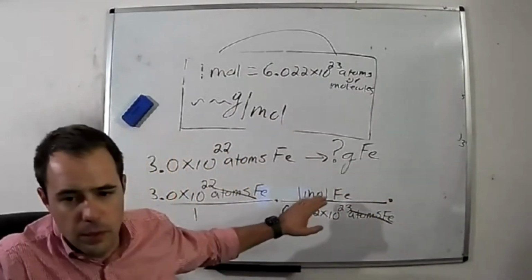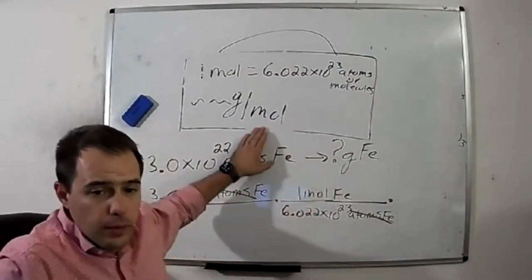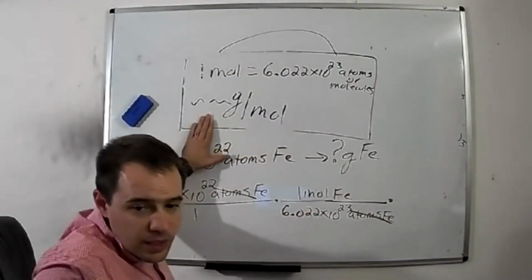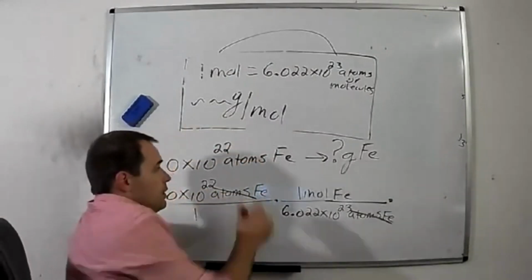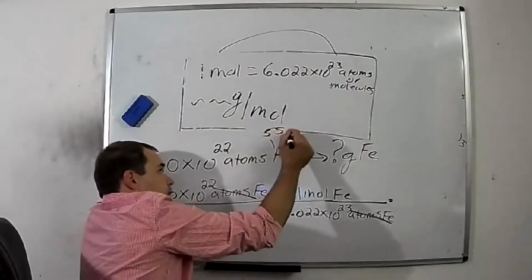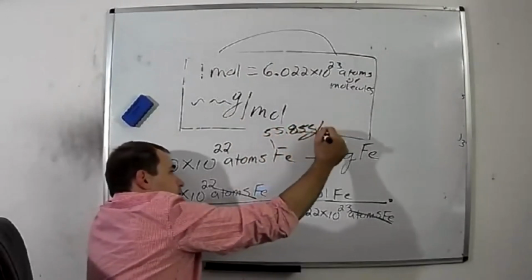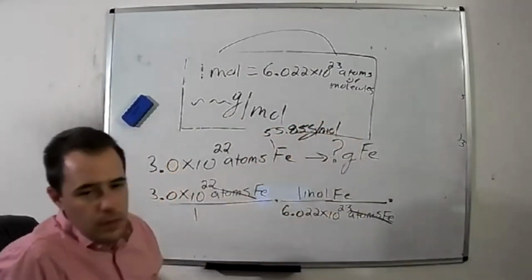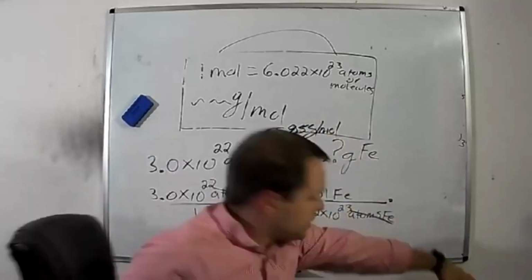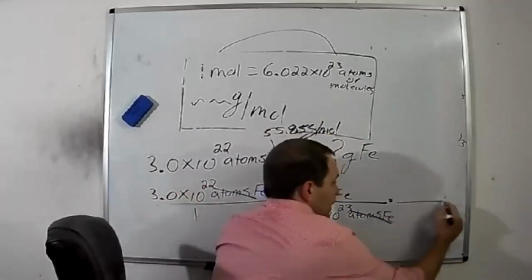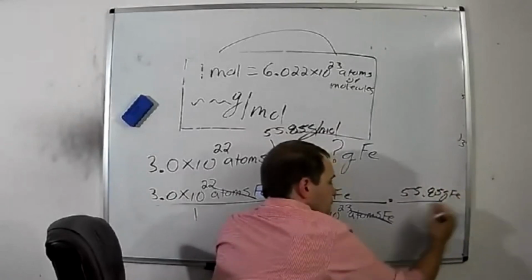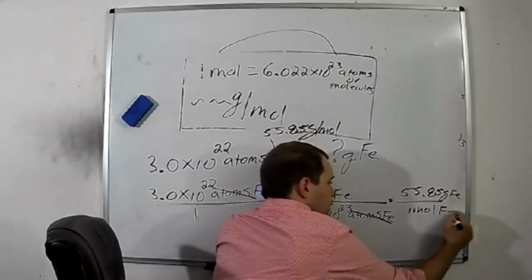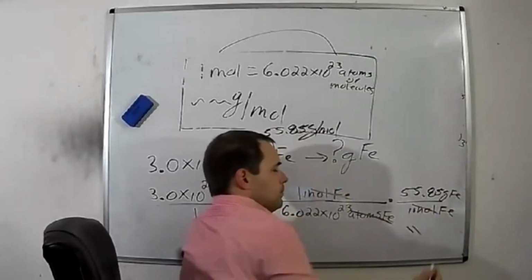And now that we're in moles of iron, we can turn that into grams using the average atomic mass. So if you find iron, it's weighing in at 55.85 grams per mole. In order to get moles to cancel out, we want to multiply by that molar mass. 55.85 grams of iron on the top, 1 mole of iron on the bottom.